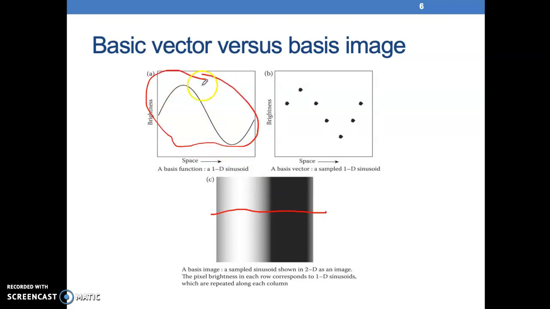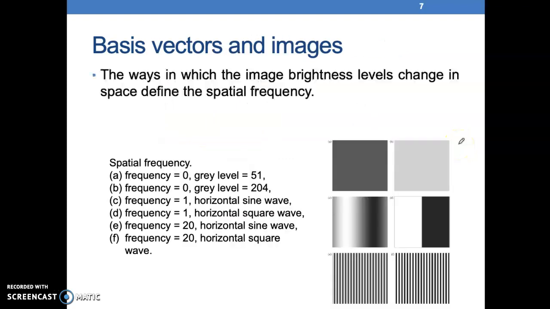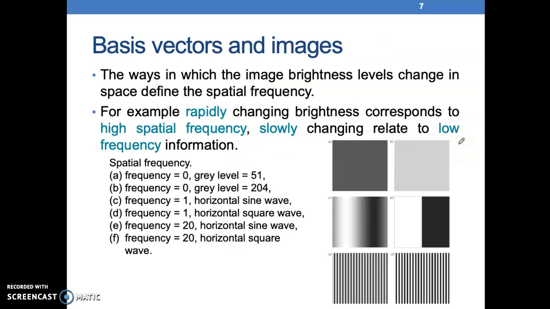The left side is the white, bright color, and the right side is the black color. So this is what you will get. Again, a basis vector is 1D, and the image is in 2D.